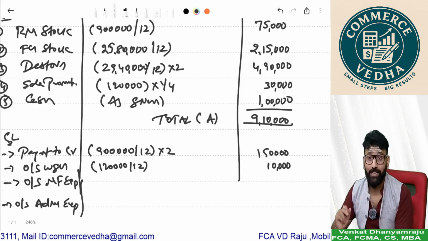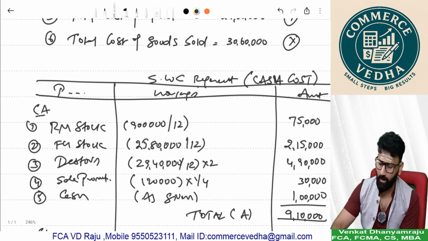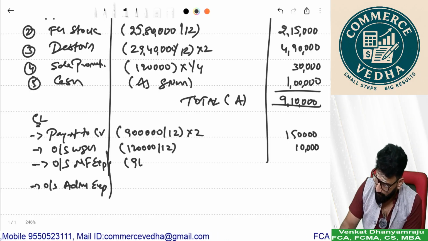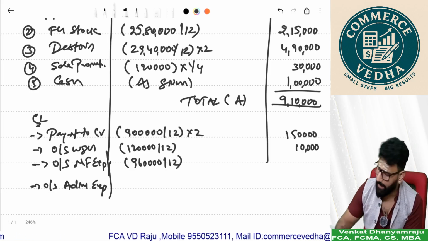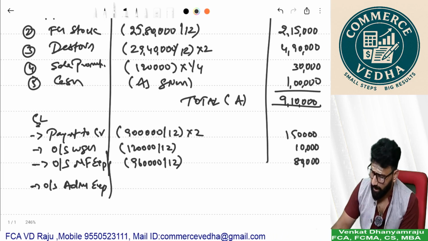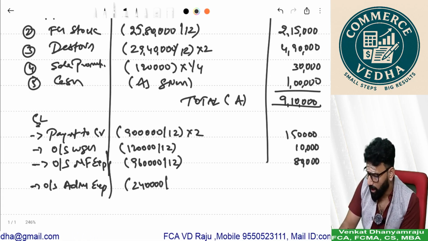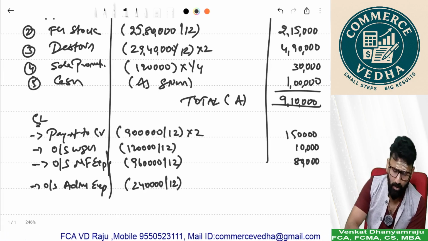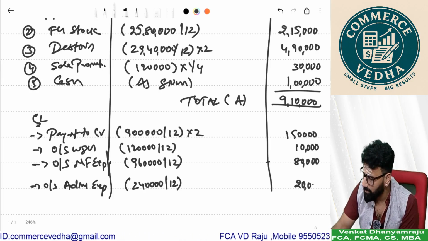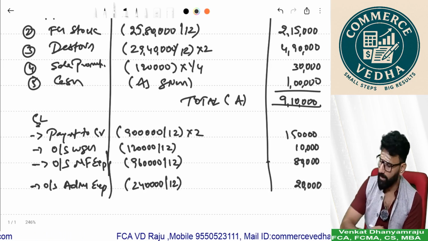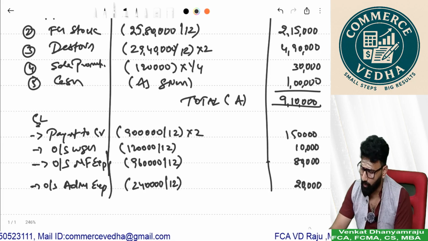And cash manufacturing expenses, how much is cash manufacturing expenses? 9,60,000, again for 1 month lag, it is 80,000. And administration expense, which is 2,40,000, is also lag 1 month. So 2,40,000 by 12, 20,000. So it is 1,50,000, 10, 80 and 20.